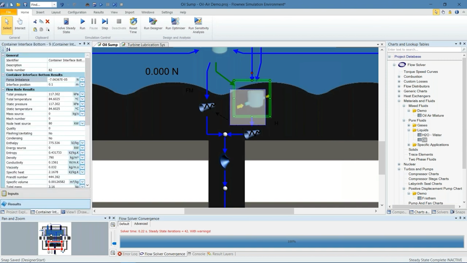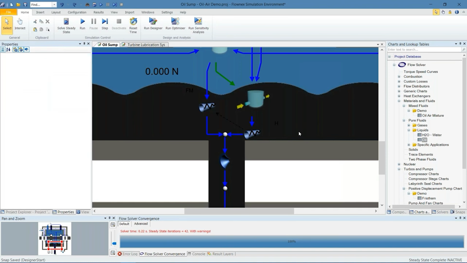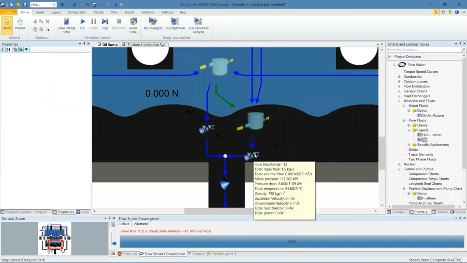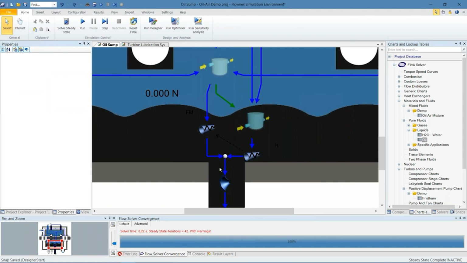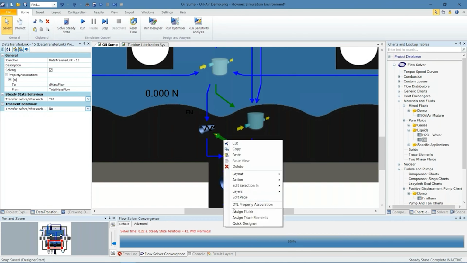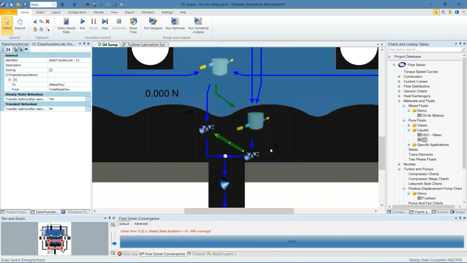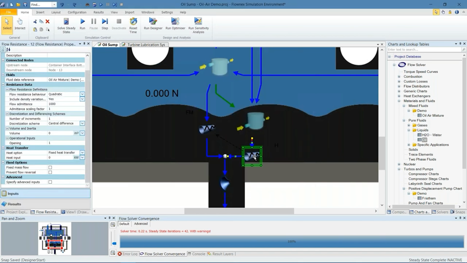You can't see it too clearly, but if I highlight it, you can see that there's a data transfer link between these two components. What I've done is connected this flow resistance component from the outlet tank to the restrictor. So this flow will be calculated through the momentum conservation, whereas the flow on this component I have fixed using the fixed mass flow option. By doing this, I'm able to use a data transfer link and specify a particular multiplier or fraction to multiply our mass flow in this oil line by and apply that mass flow in our air.